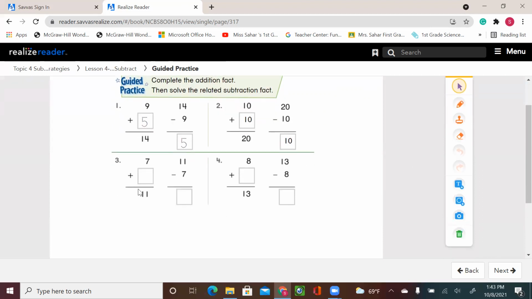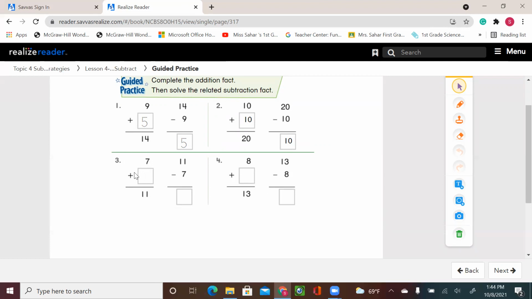Let's go for number 3. 7 plus something equals 11. That means 11 minus 7 gives me the missing part. So let's think addition. What do I need to add to 7 to have 11?